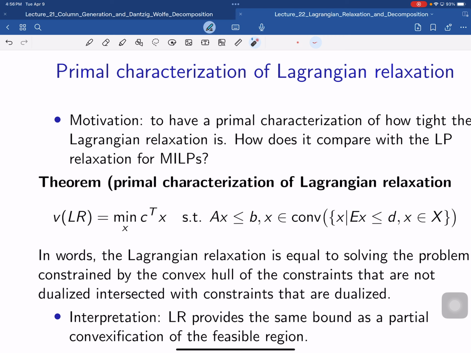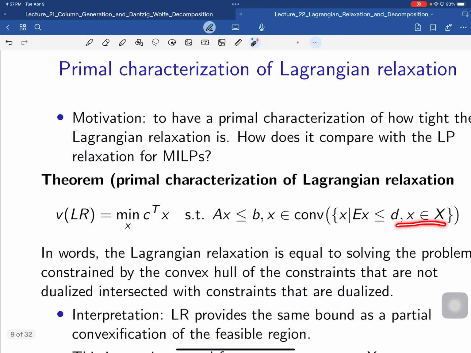But the last part is saying that, originally I have those inequality constraints, and I also have x belonging to capital X, meaning x are mixed integer variables.